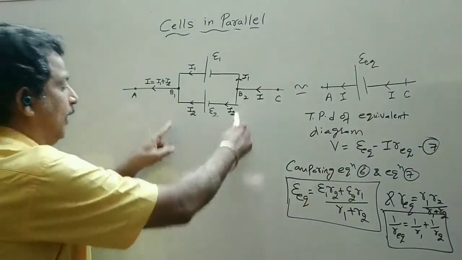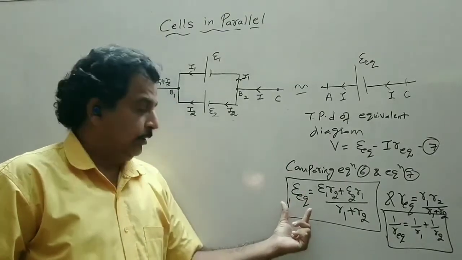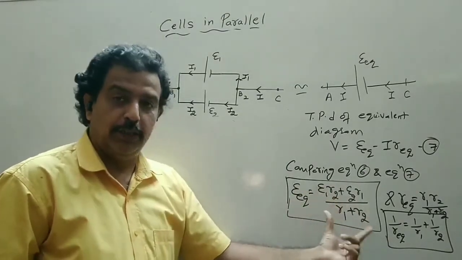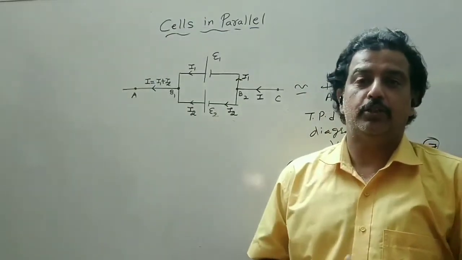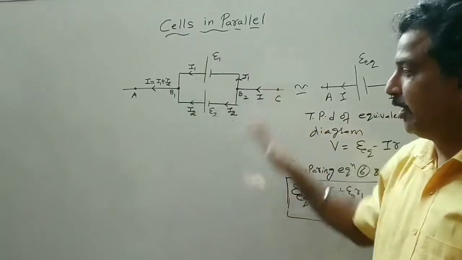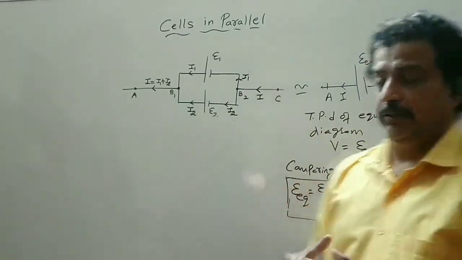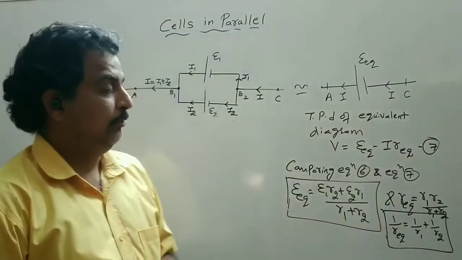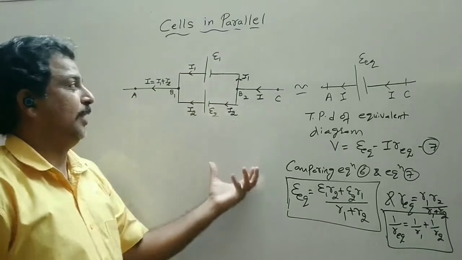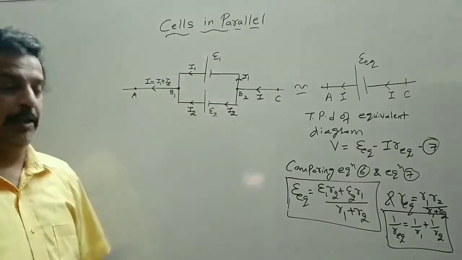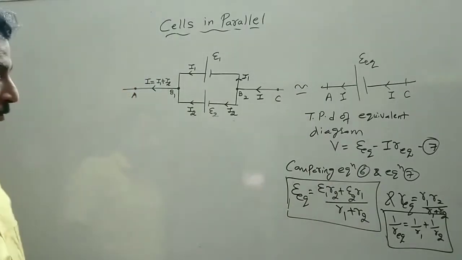But it will be easier to apply Kirchhoff's law, or to see the current distribution of the circuit, with the help of Kirchhoff's law. So we will do this if there are more than two cells connected in parallel combination. What is their equivalent EMF?